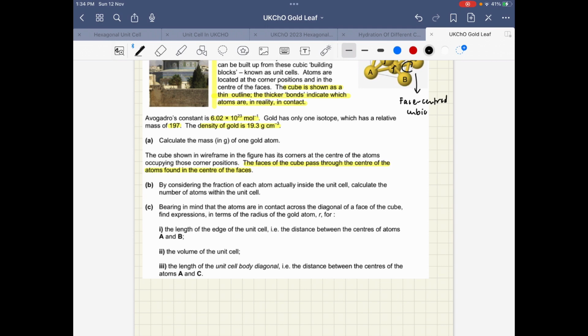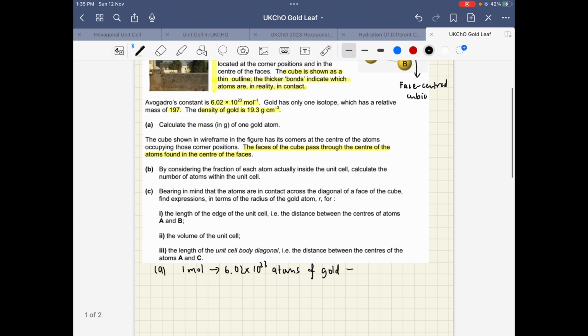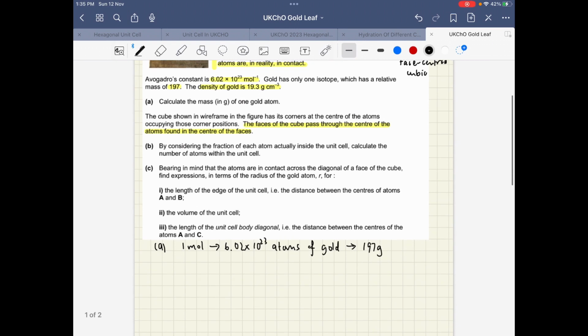Because 1 mole has 6.02 times 10 to the power of 23 atoms of gold, and these atoms have a mass of 197 grams as shown in the question, if you want to find the mass of one atom of gold, it would just be 197 over 6.02 times 10 to the power of 23.